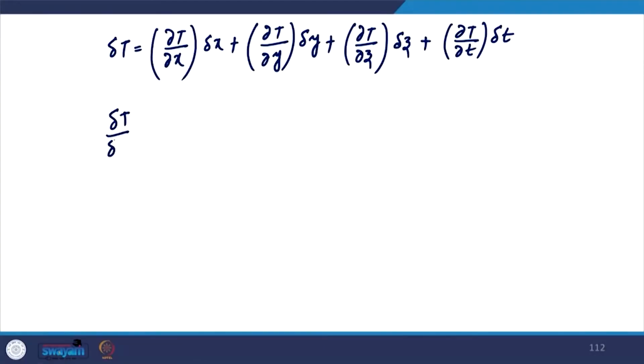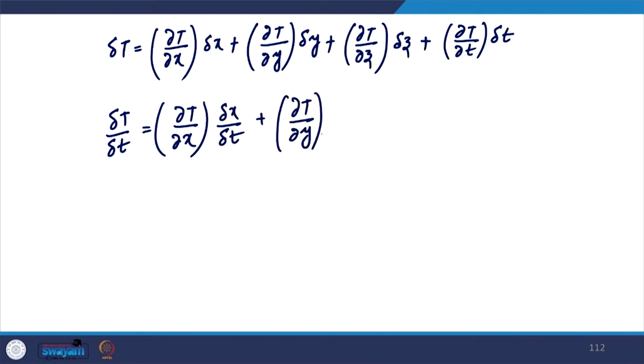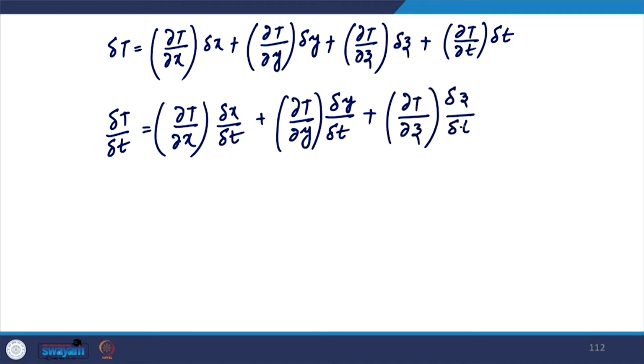Now, if I divide this delta T by delta small t, then I will have to write dou T by dou x into delta x by delta t plus dou T by dou y into delta y by delta t plus dou T by dou z into delta z by delta t plus dou T over dou t.